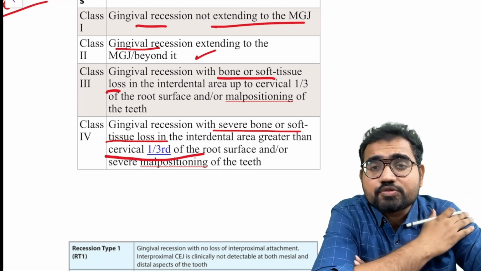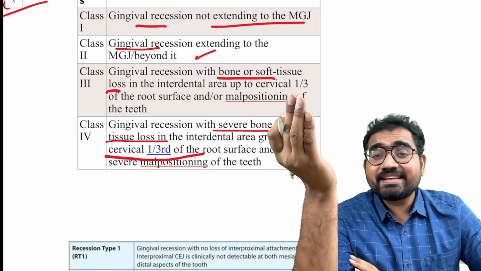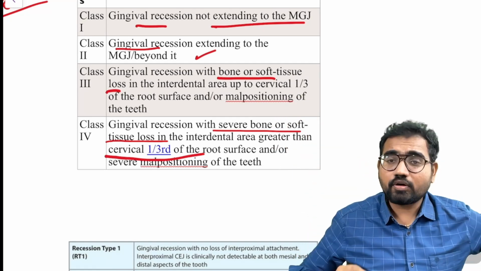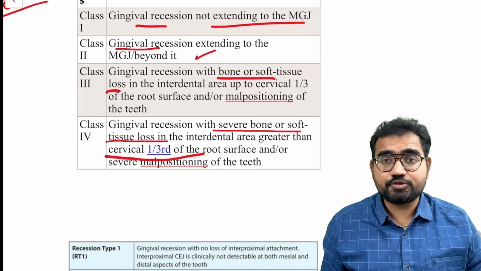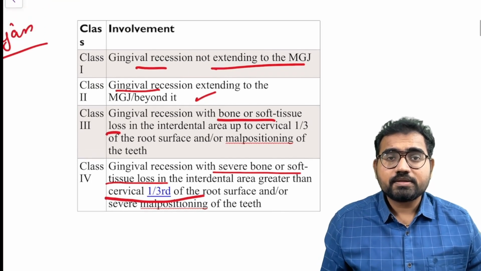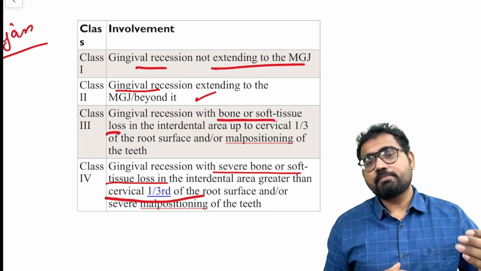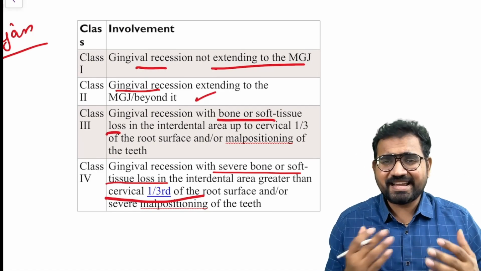So there is going to be bone loss greater than the cervical 1/3 of the root surface, and also severe malpositioning of the tooth. This was the classification given by Mahajan, which is a slight modification of Miller.